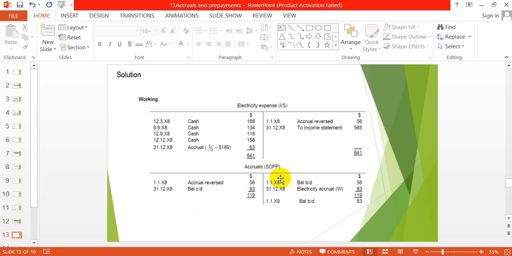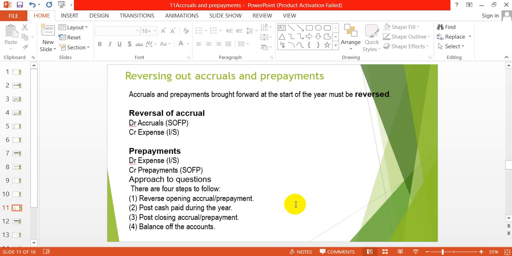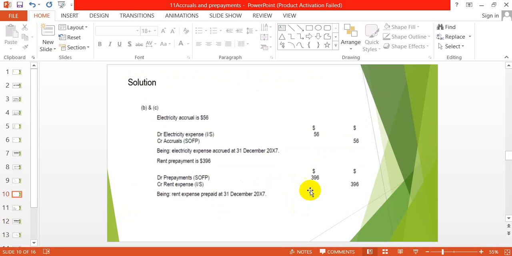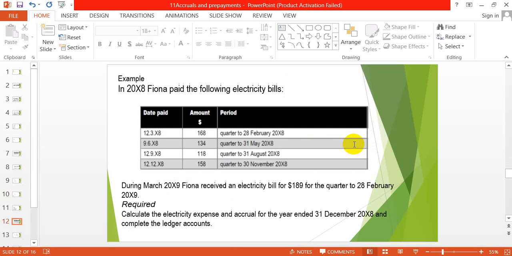So reverse the 56, where we credited accruals 56, being accrued for the month of December.